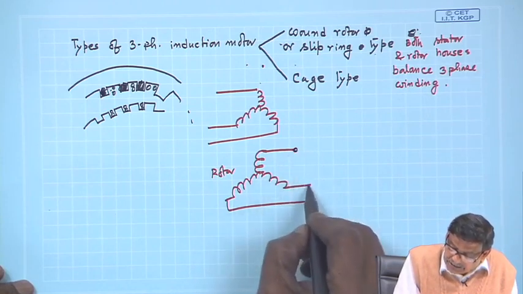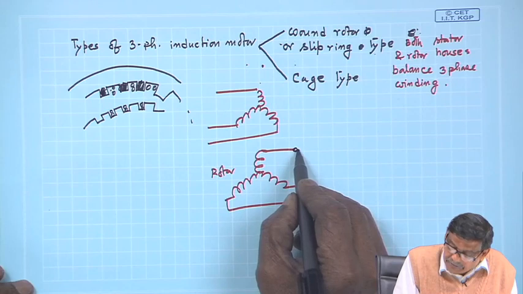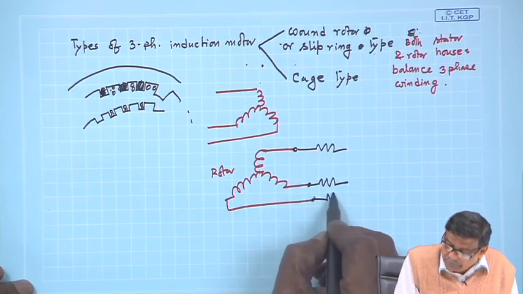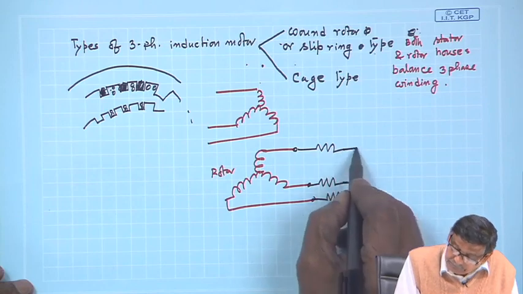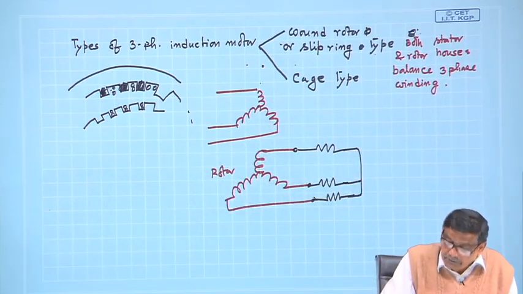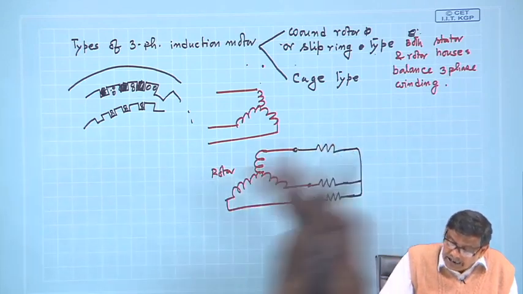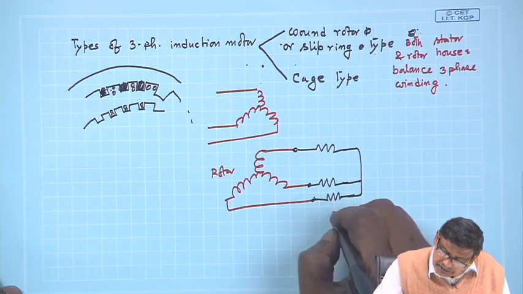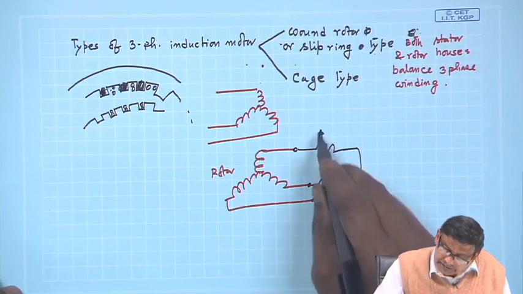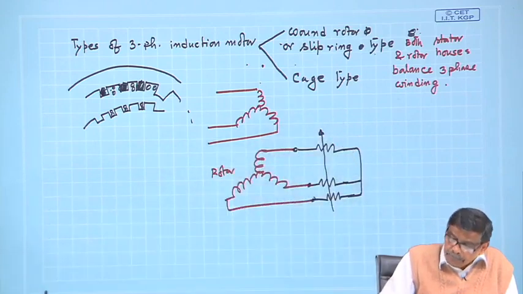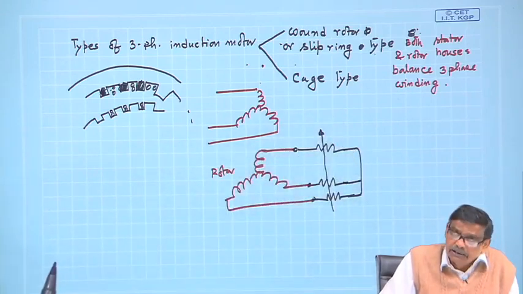So, these terminals are available to you and you connect some resistance to improve the starting torque and then short it. Rotor should be closed, otherwise how will the rotor field be produced? So, they can be closed either directly short circuiting or you connect some external resistance of equal values in each of the phases. So, that can be also done, we have seen.